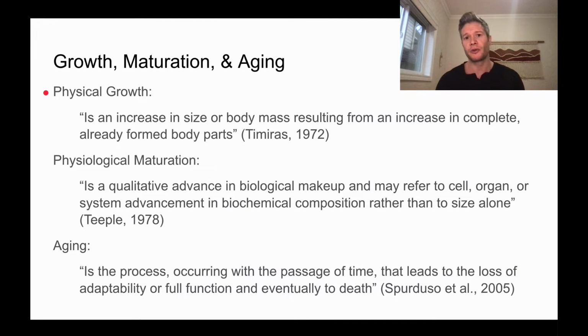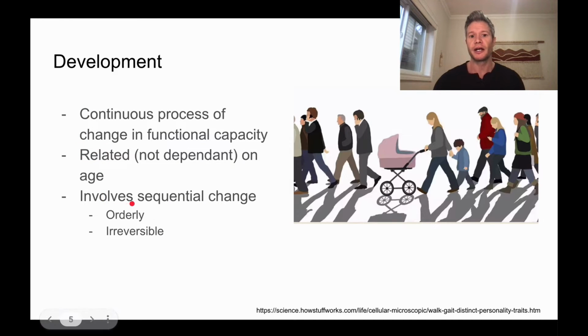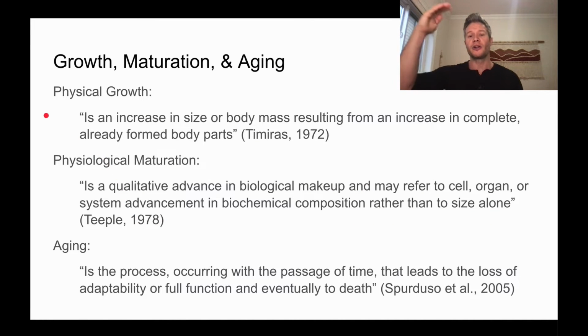So it typically has to do with our body mass or our size. And again, if you think about the definition we just covered, where it's irreversible and orderly, yeah, as we get taller, we get taller. Now, we don't really necessarily have our limbs shrink, for example, as we're getting older, but regardless, the process is irreversible once we start growing up, right?